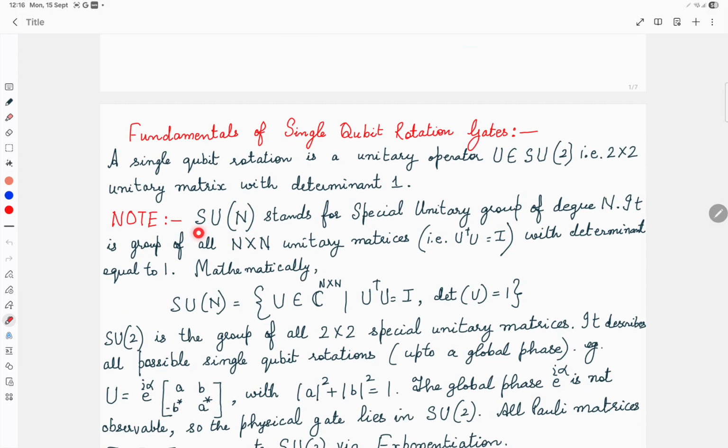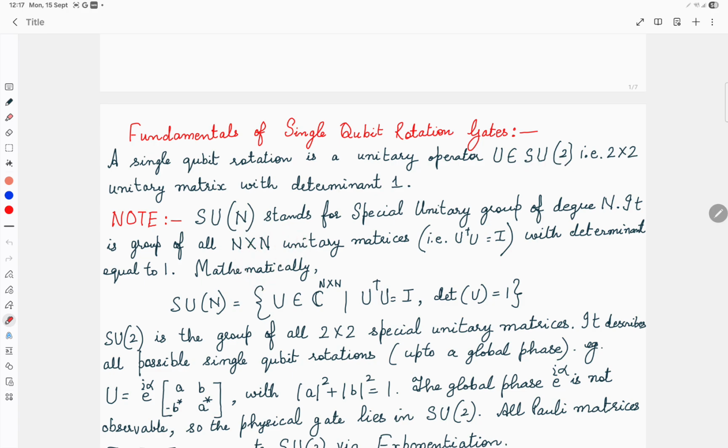Therefore, SU(N), with capital N in the bracket, stands for the special unitary group of degree capital N. It is the group of all n cross n unitary matrices. In our example that I just discussed, we considered SU(2).